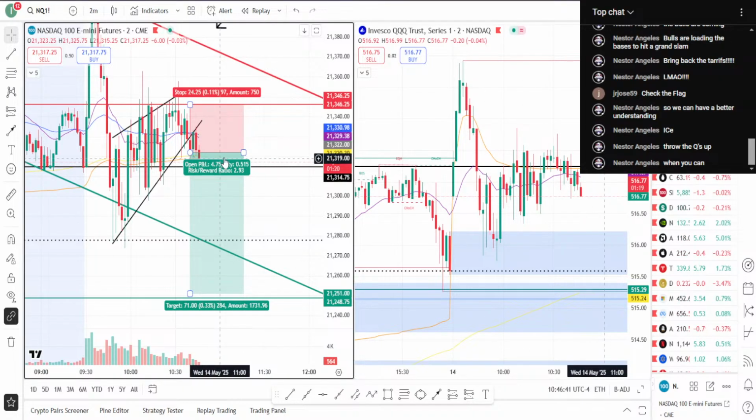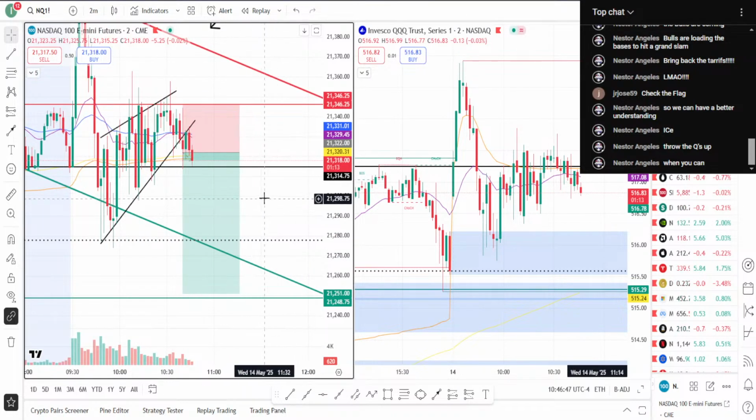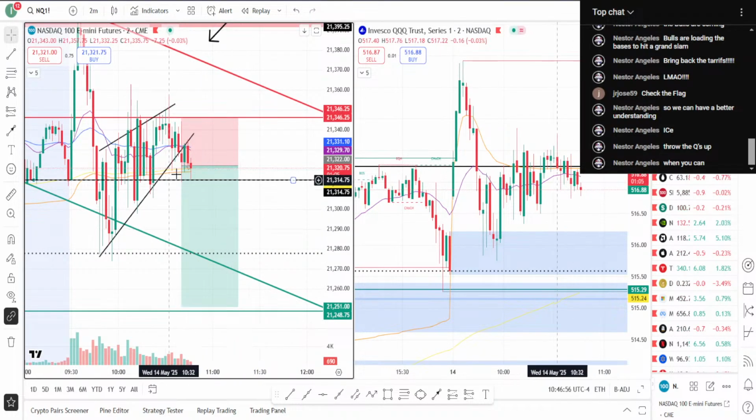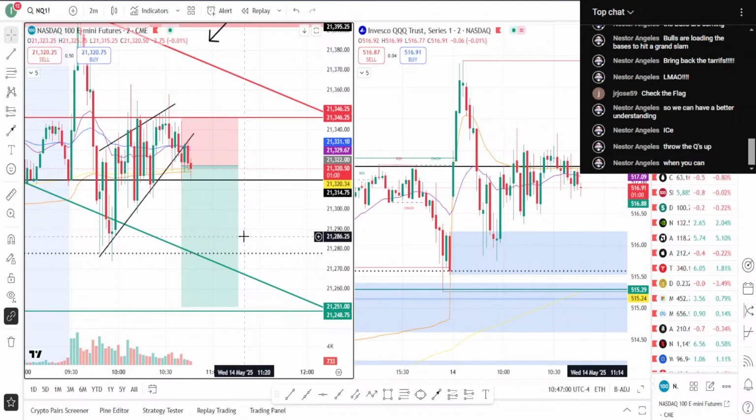I'm gonna try out this short right here. If it doesn't play out, I'm just gonna chill for the day and come back later, because this is not the ideal market condition that you want to trade in. We'll give it one last try here, and if it goes, it goes, and if it doesn't, we'll still come back later.